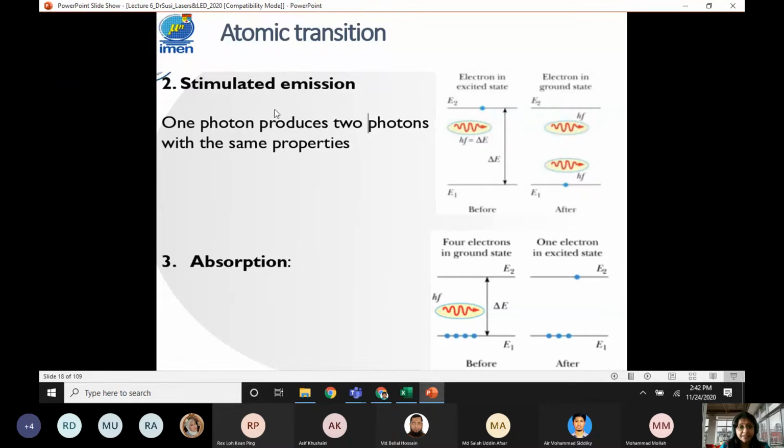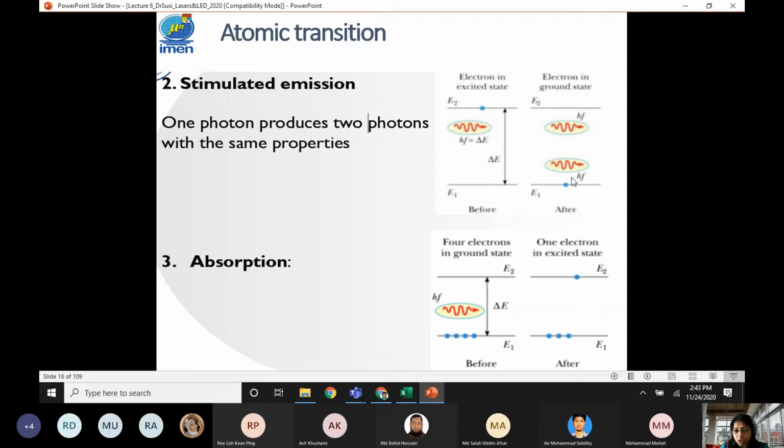Okay, laser, the atomic transition in a laser occurs via stimulated emission. What does this mean? One photon which hits the active region produces two photons with the same properties. So you have the conduction band and the valence band inside the active material. A photon hits this active region, and you have the electron sitting in a higher energy state.